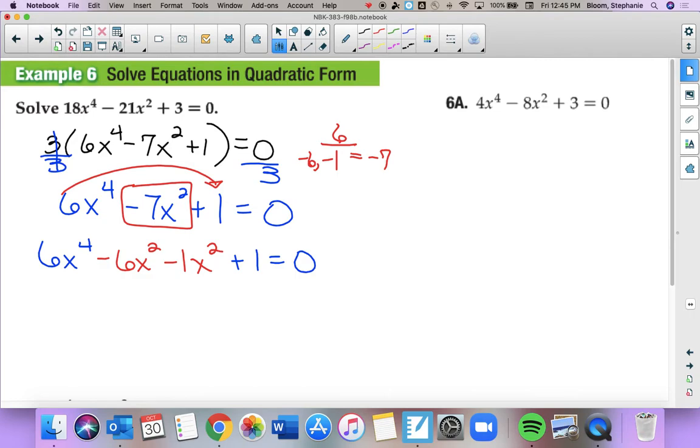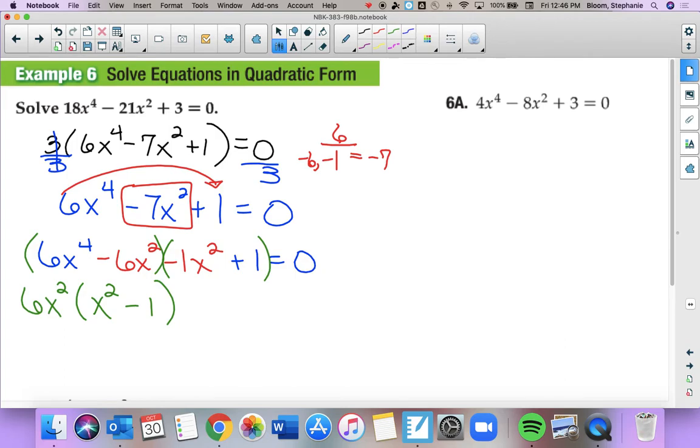And this is why grouping works. Because you see when you rewrite it, you have 4 terms. You learned when now you have 4 terms, you group. You just didn't know that in Algebra 1 when you learned factoring. And then you take out what they have in common. What does the first group have in common? 6x squared. Good. So I would have left x squared minus 1.